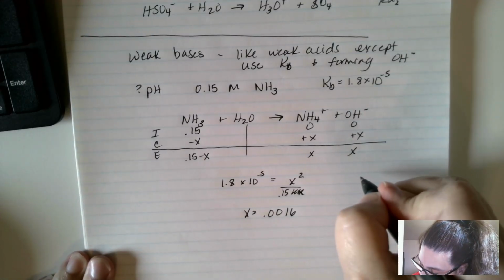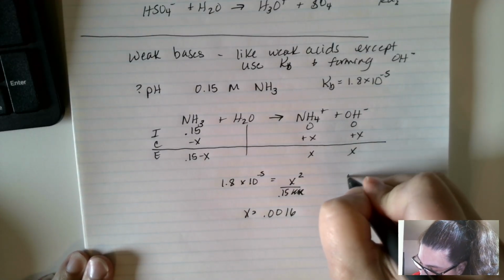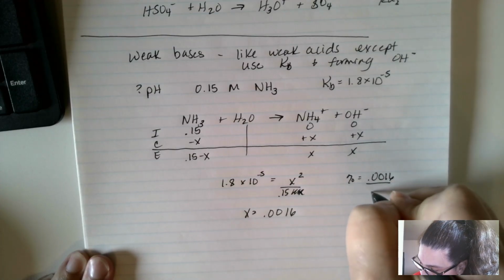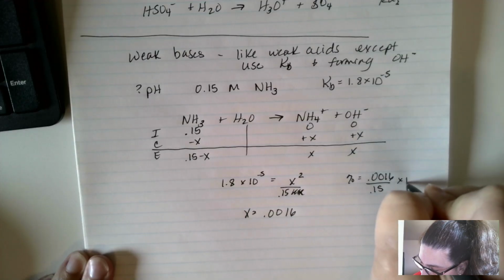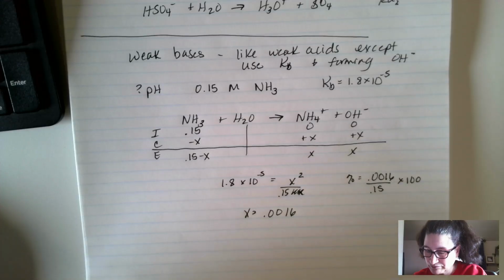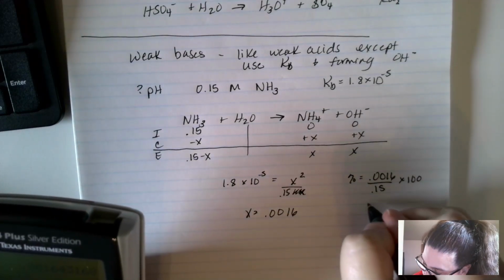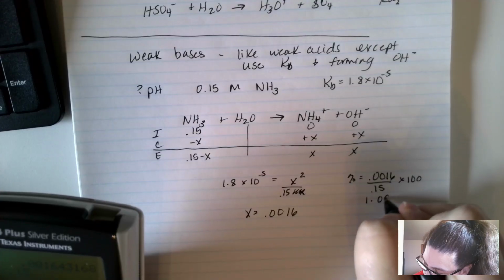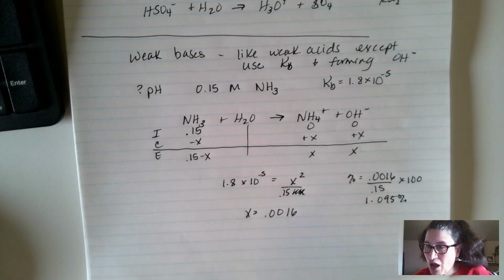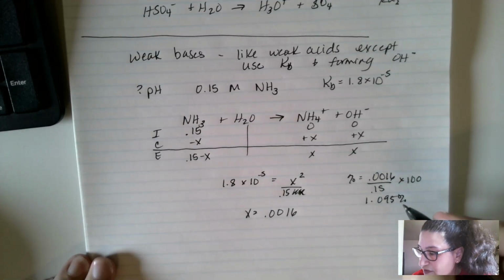And I'm going to do my check over here. So the percent that's ionized, 0.0016 over 0.15. Make sure that assumption is valid. Alright, and I got 1.095%, way less than the 3% that's allowed.